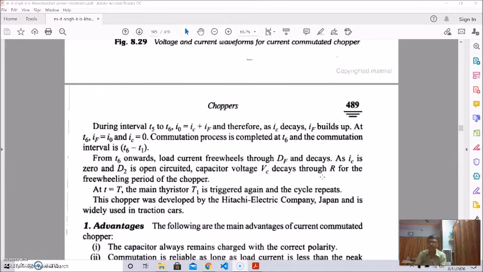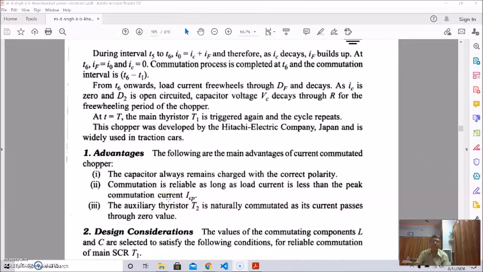During this interval T5 to T6, I0 equals IC plus IF, and therefore as IC decays, IF builds up. At T6, IF equals I0 and IC equals 0. So the commutation process is completed at T6 and the commutation interval is T6 to T1.